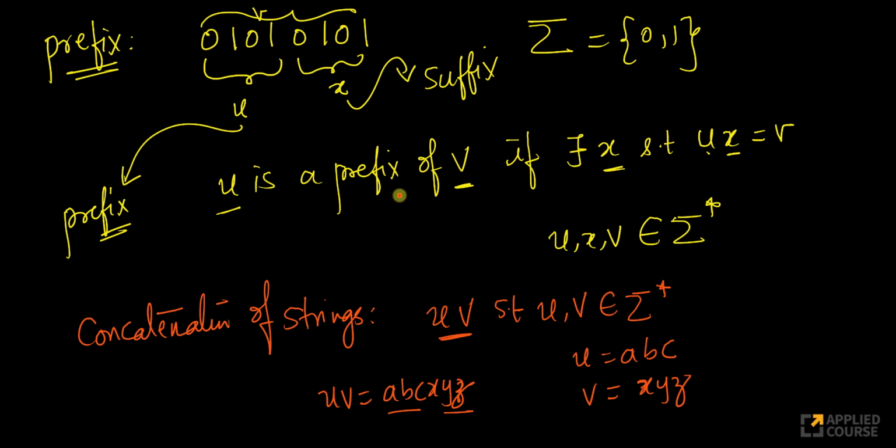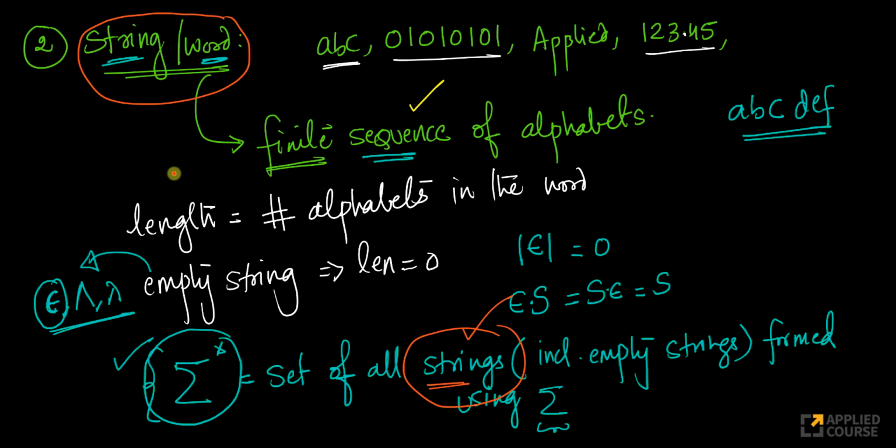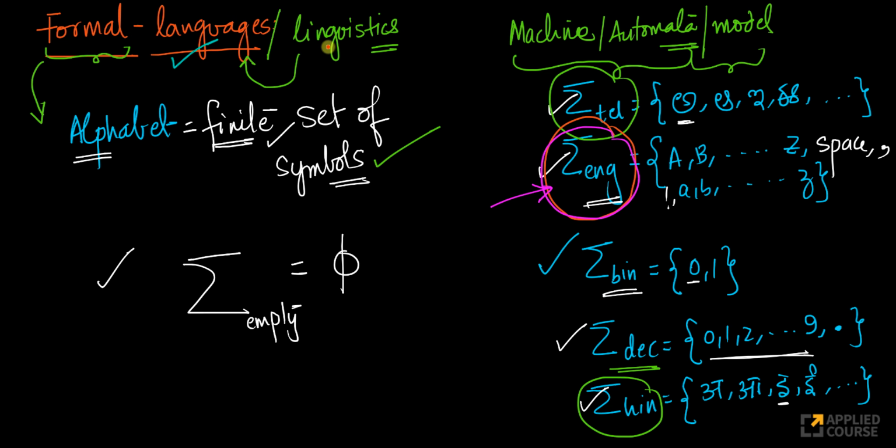What we're introducing here are very basic, introductory definitions in formal languages or linguistics. Linguistics is a much broader subject, the study of language itself. Formal languages is the mathematical topic, a subpart of linguistics, that we'll study. So from now onwards, whenever I say language, it means a formal language.